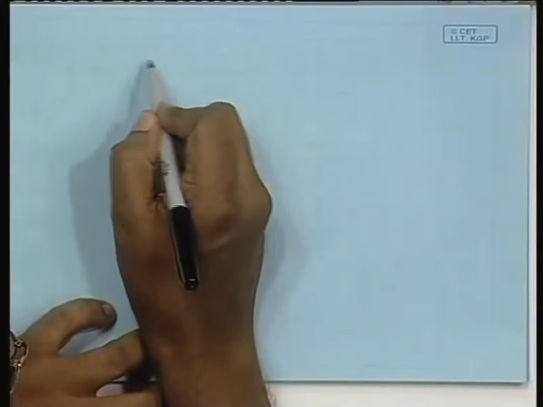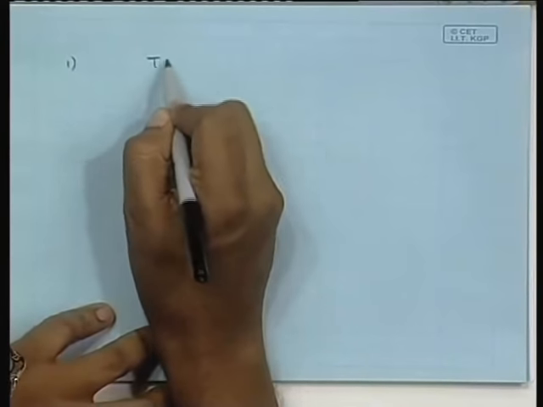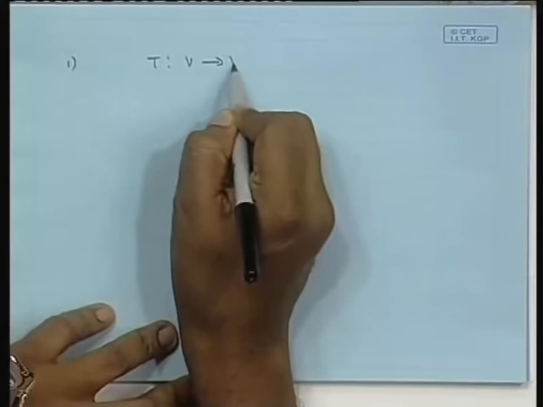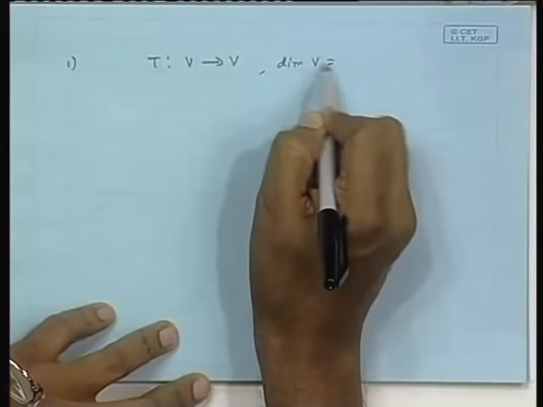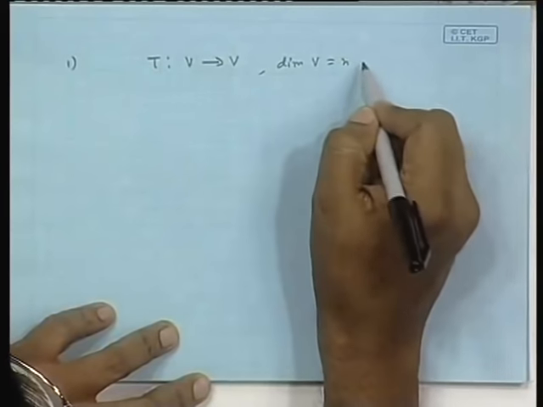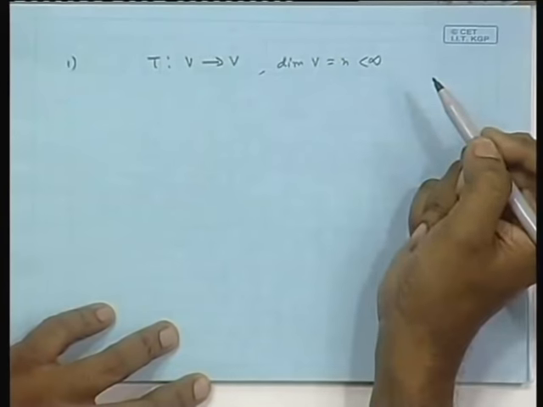Okay, so let us start by considering what we discussed in the last class. Let us sum up. First, we have seen that suppose it is given that T is a linear operator mapping V to V, and the dimension of V is given to be some finite integer n less than infinity.